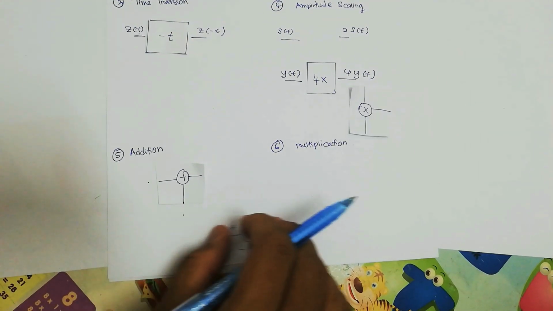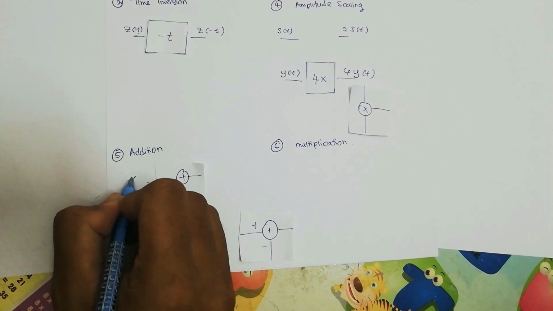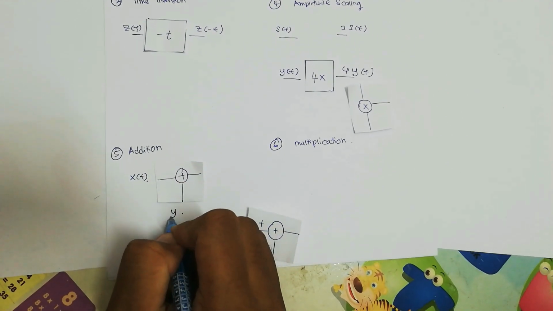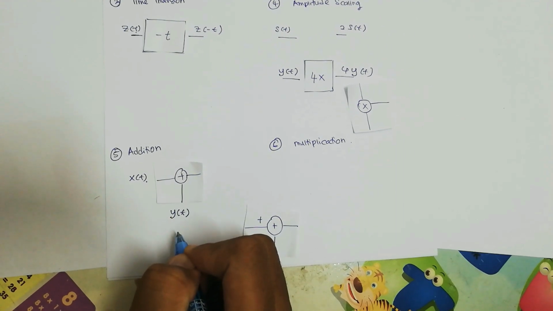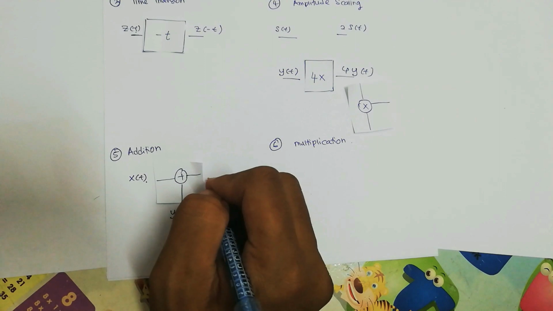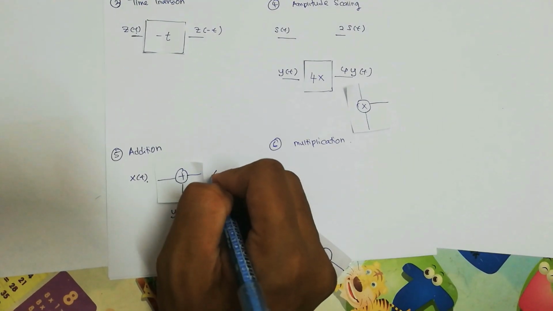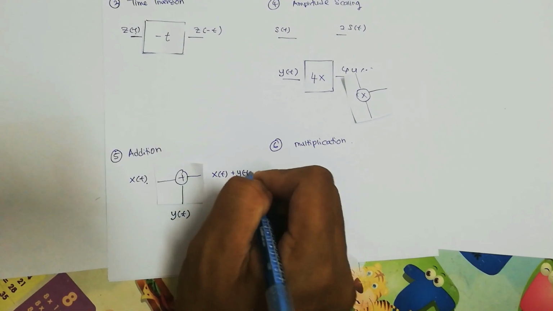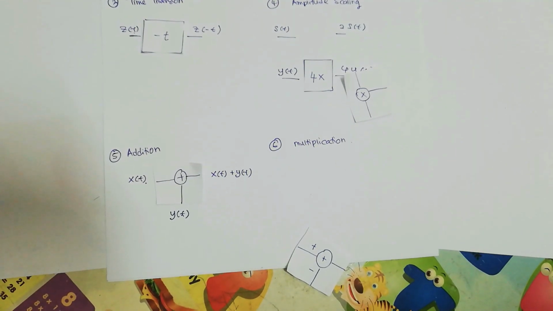For example, you have x(t) as the first input and y(t) as the second input. You need to add these two inputs, so the output will become x(t) plus y(t). Understand?